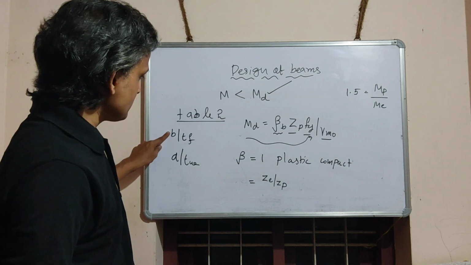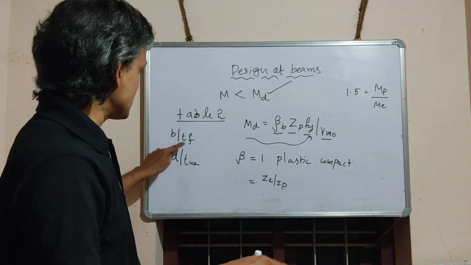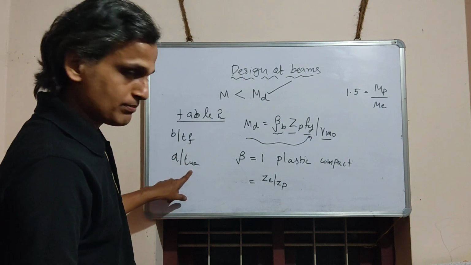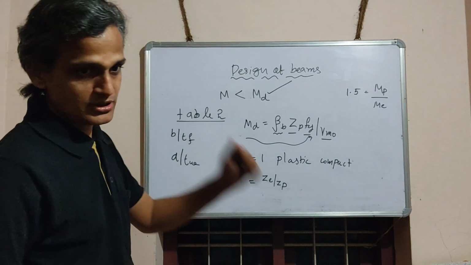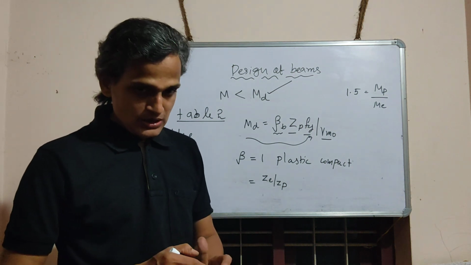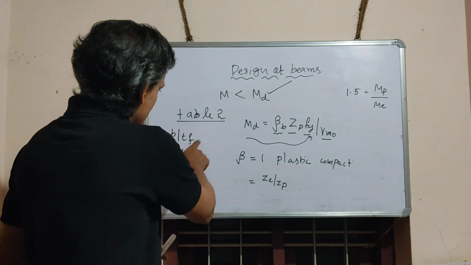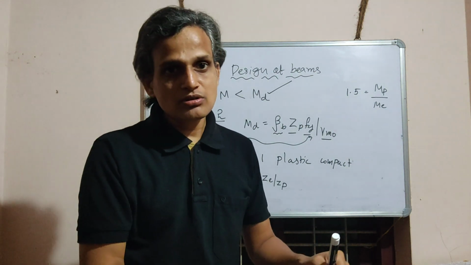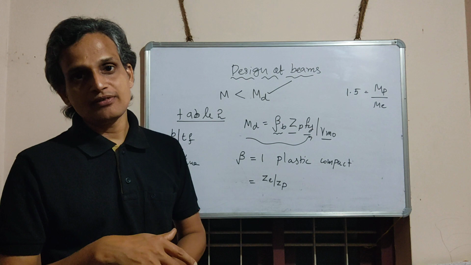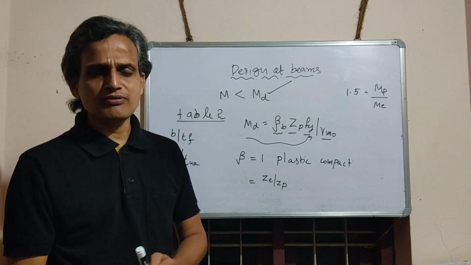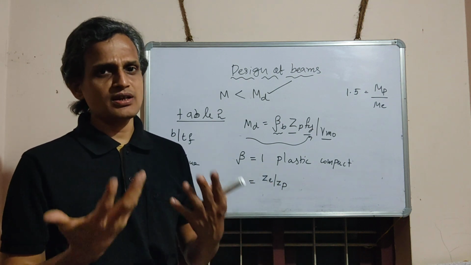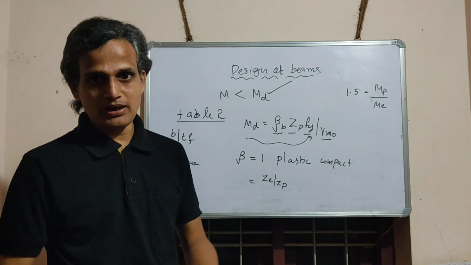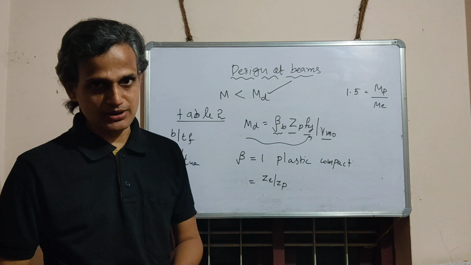The first term is related to the flange, that's why TF. The second term is related to the web, that's why W. Depending upon the value of these ratios, we can easily find from the table itself the nature of this section, whether the given section is plastic, compact, semi-compact or whatever it may be.